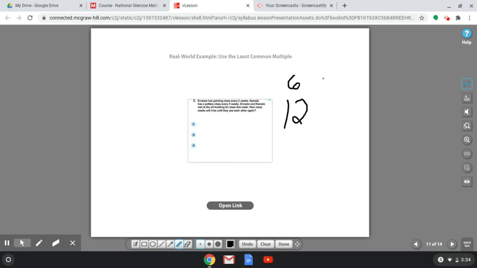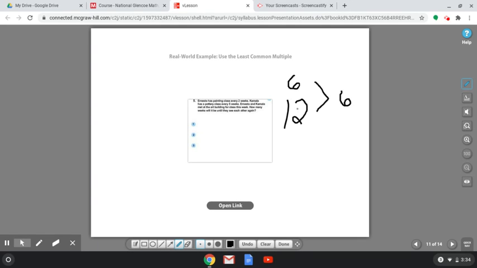In this case, the factors of 6 are 1, 2, 3, and 6. The factors of 12 are 1, 2, 3, 4, 6, and 12. The greatest common factor of 6 and 12 is actually 6.